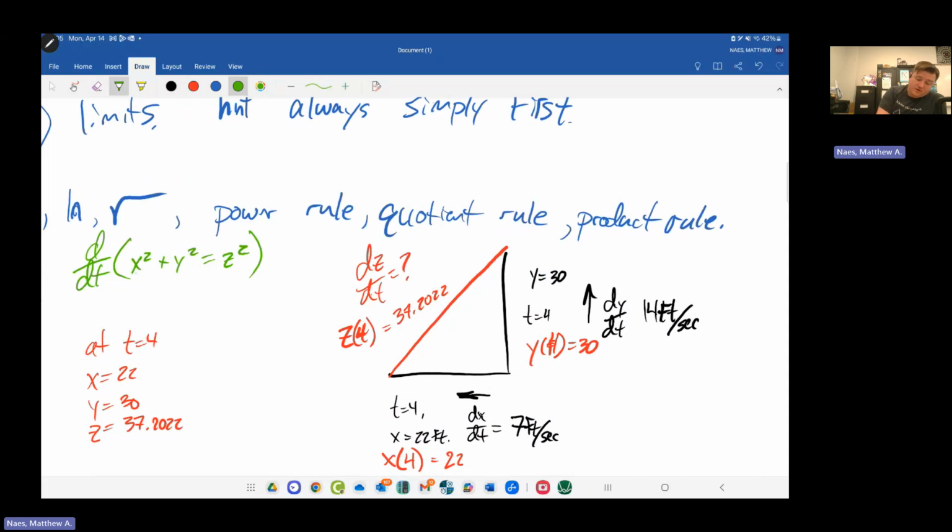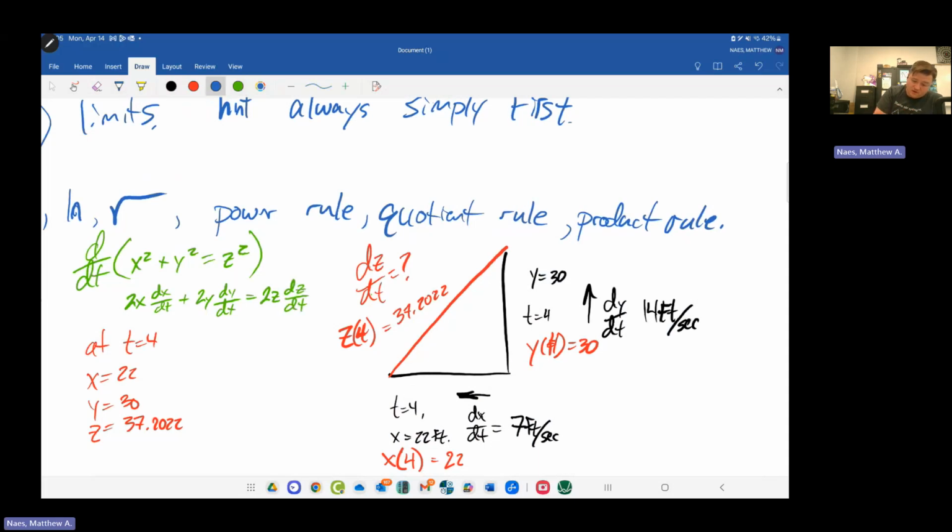That means I'm going to have 2x times dx/dt plus 2y times dy/dt equals 2z times dz/dt. This is where I like to write dx/dt instead of x prime, y prime and z prime, mainly because I have so many different variables.